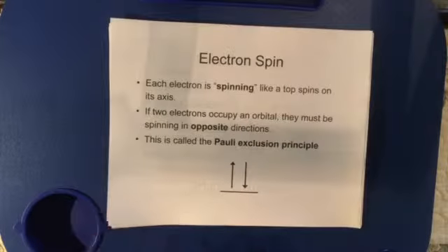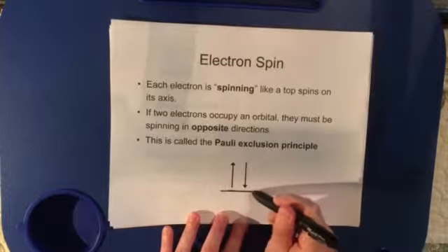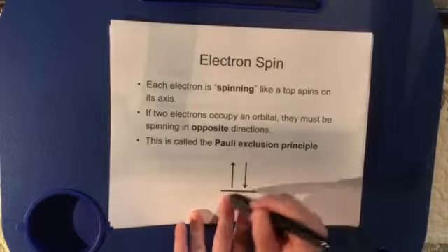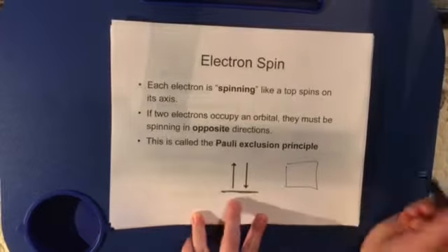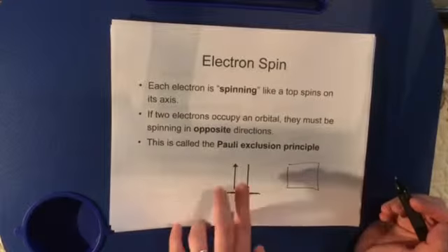Okay, so in these orbitals, each electron is spinning, like a top spins on its axis, and they're spinning in opposite directions. If 2 electrons are occupying an orbital, we often represent an orbital by an underline or a box like this, and we put the electrons in there as arrows.